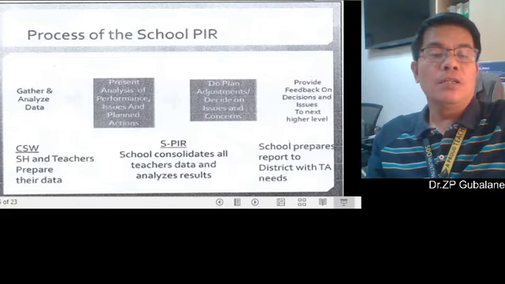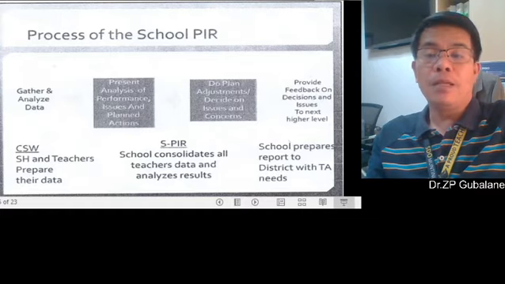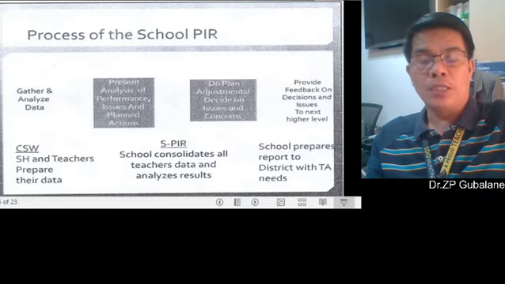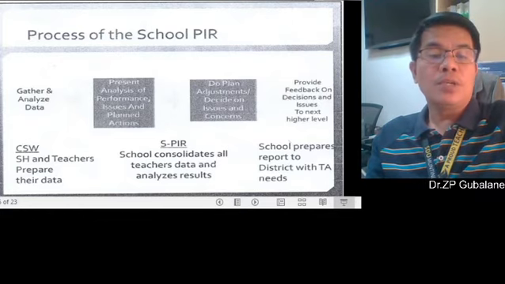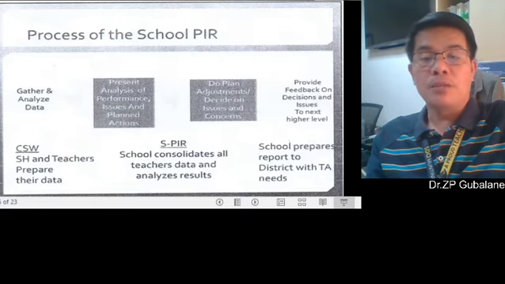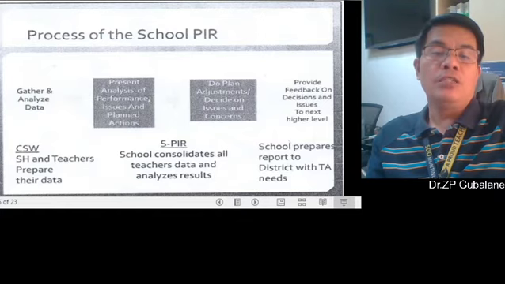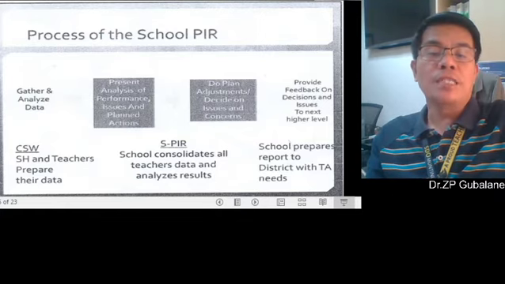This is actually at the principal's level. When it comes to the school, this particular part is a principal or school level activity, and then do action adjustment.